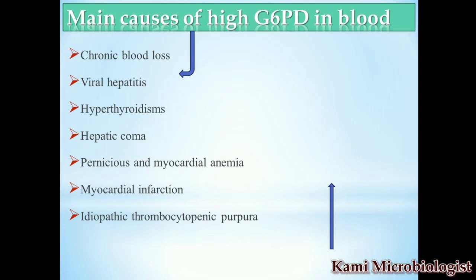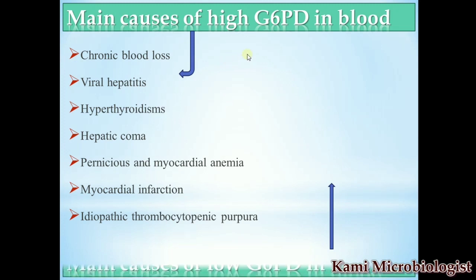Thrombocyte means platelet, those cells that are mostly important in clotting. So remember, guys, if there is a low level of thrombocytes, what will happen? Bleeding will occur inside, and sometimes bleeding will occur from the gum portion as well. Due to this, glucose 6-phosphate dehydrogenase will be high.